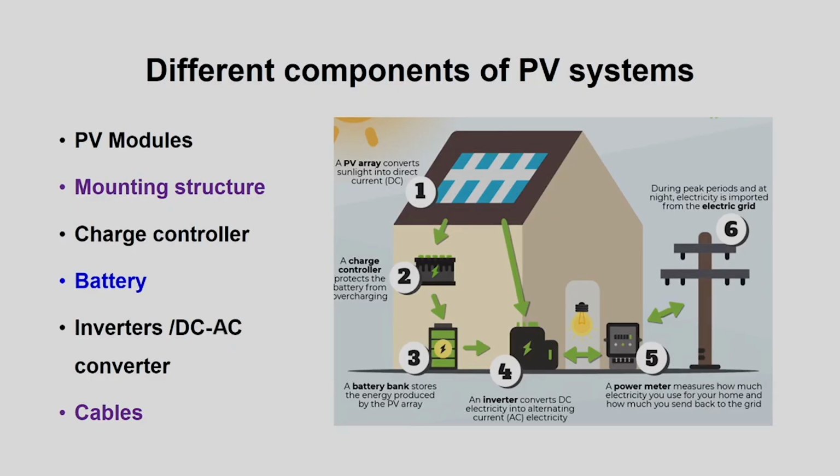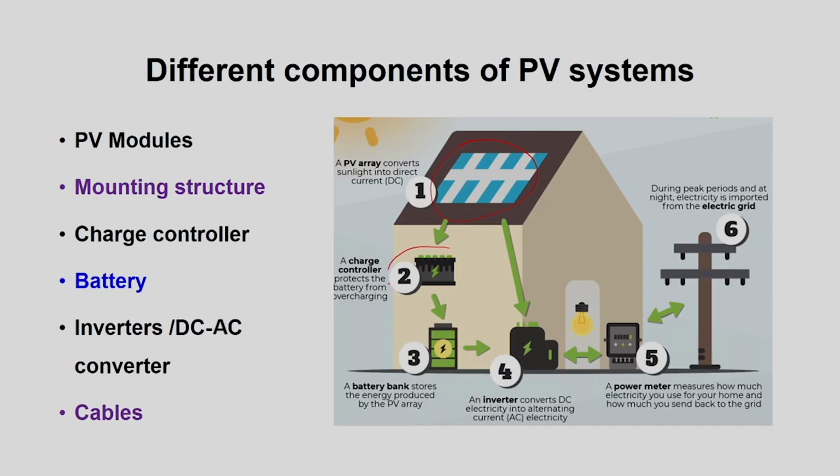The different components of a PV system are PV modules, which are the primary component, then mounting structures, charge controller, battery, inverter, DC-DC converter and cables. As you can see in the figure, PV modules are installed on the rooftop. This PV array converts sunlight into direct current, right?